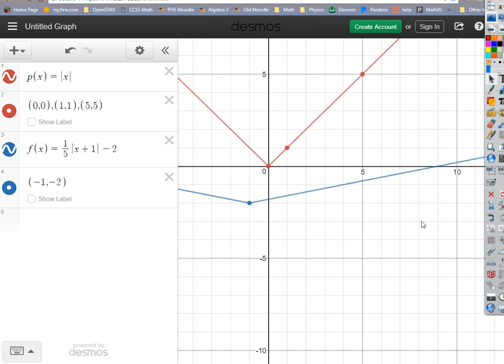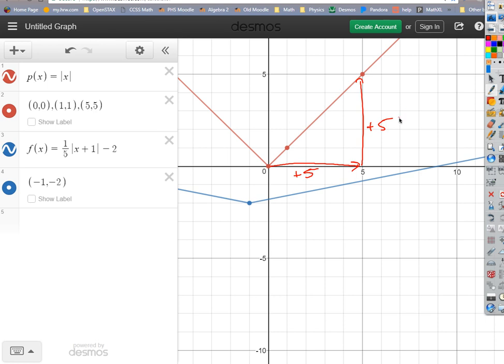So we got to think in terms of our function. If I want the change in y to be 5, that means I would have to go over 5 to the right. Everybody agree? For the normal function, I would go right 5 in order to go up 5, right? So this is a vertical dilation.